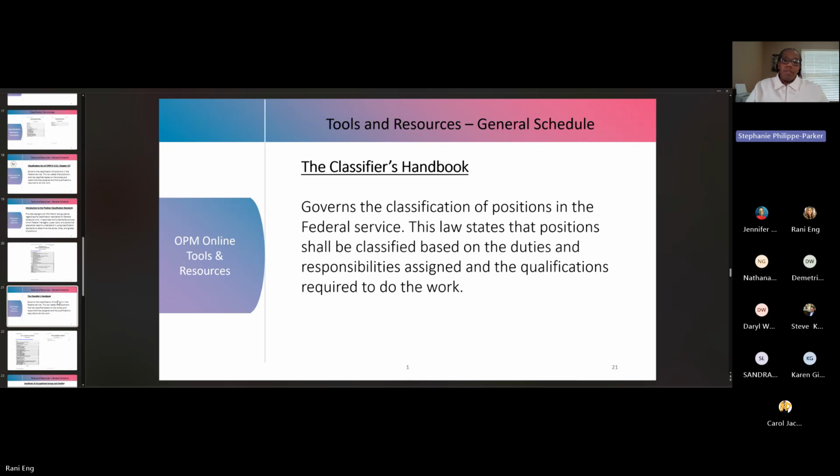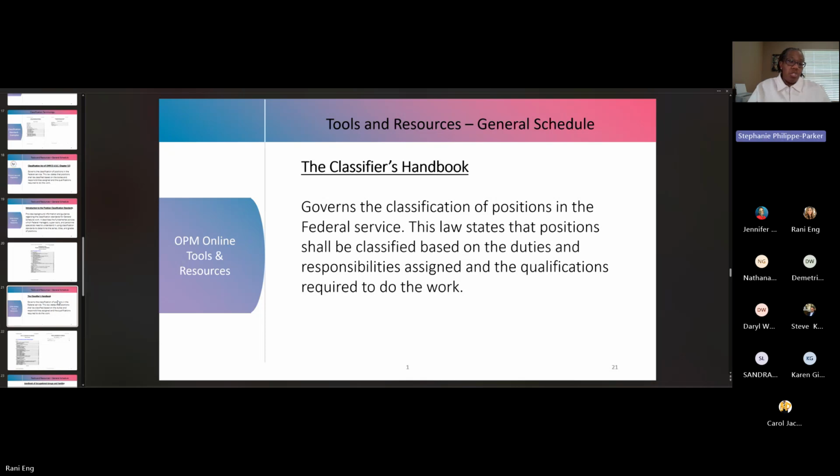The next resource we'll discuss is the Classifier's Handbook. This handbook is an important tool for classifiers to refer to regarding most things classification and as it relates to the general schedule. It goes into detail about what to do if we have a position where there's not a classification standard that has been established, how to determine like relationships between each of the 9 factors, and just an overall understanding of all of the elements to consider when reviewing a PD and determining the appropriate title, series, and grade.